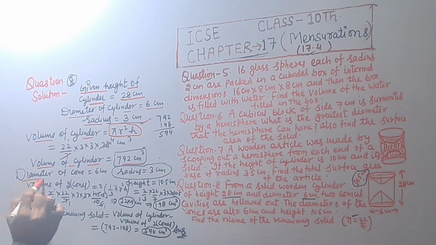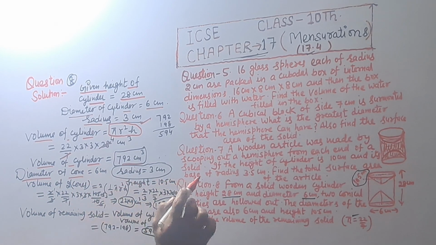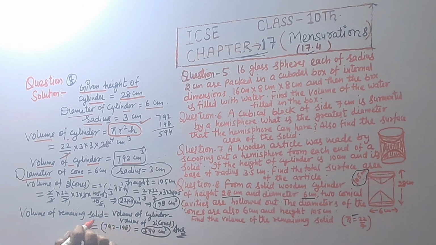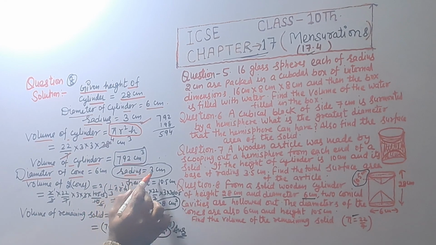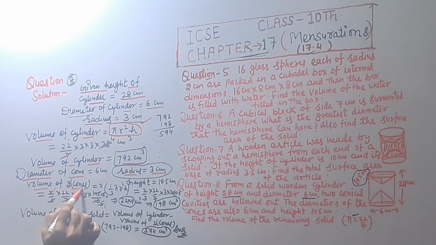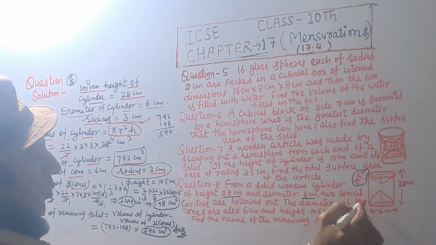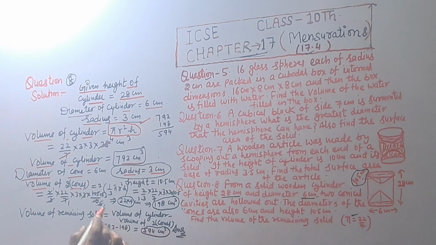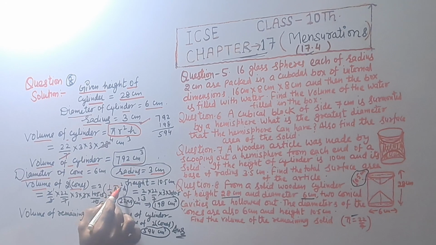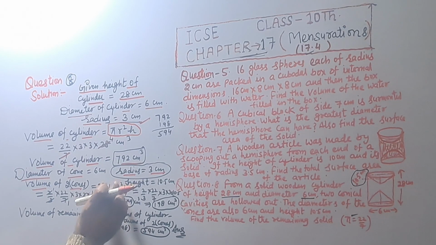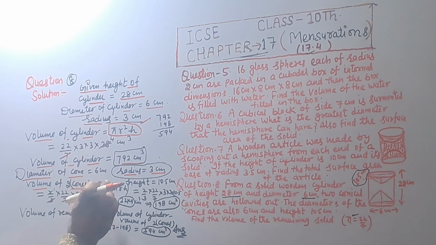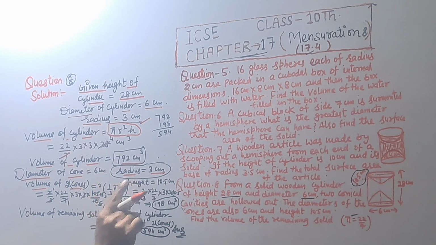And diameter of cone is equal to 6 centimeter, and its radius is equal to half of diameter, that is 3 centimeter. Volume of two cones is equal to 2 into 1 by 3 pi r square h. Volume of cone is 1 by 3 pi r square h, and volume of two cones equal to 2 times of 1 upon 3 pi r square h.